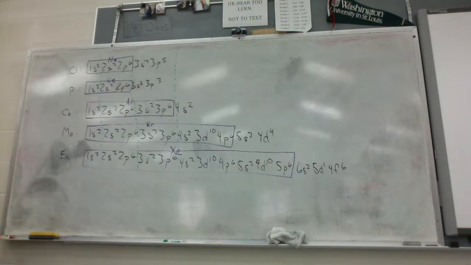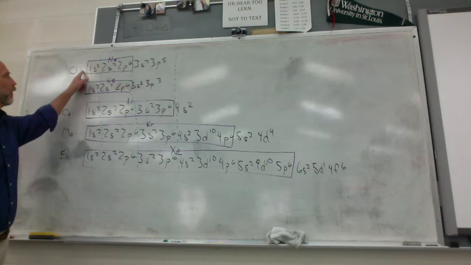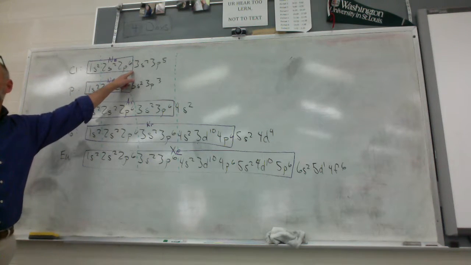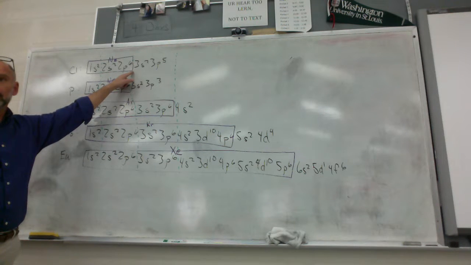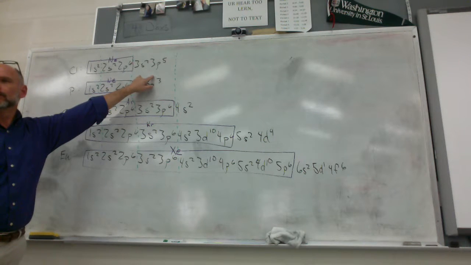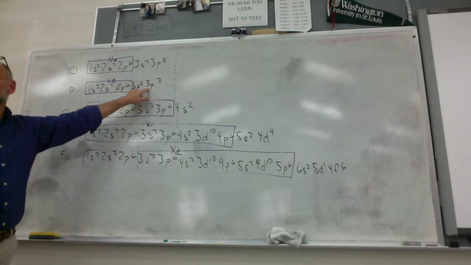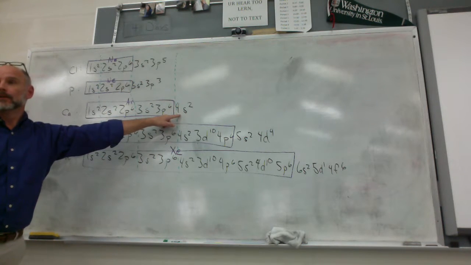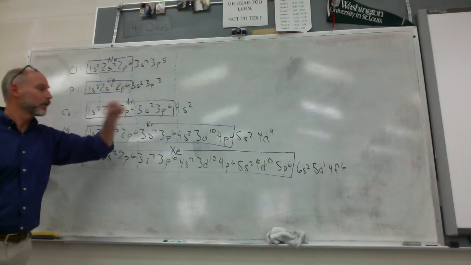Interesting. What can you say about all the orbitals up to this point? Full. What electrons are being represented here? Valence electrons. What about here? What about here? Valence electrons.